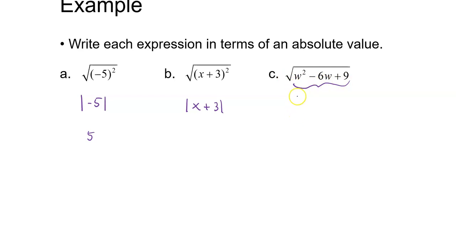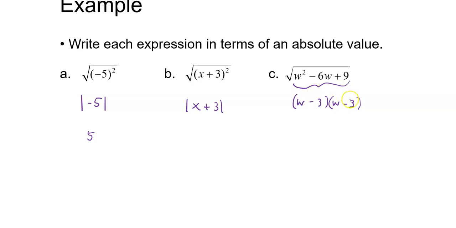This one, it turns out we can factor. How do we factor? We need 2 factors that multiply to be 9 that add up to be negative 6. Now, you could have used the perfect square trinomial pattern. I'm just thinking, what happens if you forgot what the perfect square trinomial pattern is? You still can factor this. You're looking for 2 factors that have the same sign, both negative, so I'm going to go with negative 3 and negative 3. Try foiling that out.